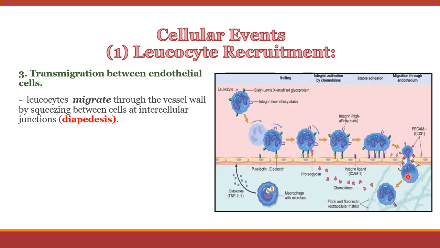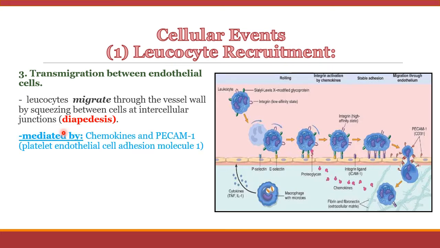This step is called diapedesis. So the migration of the leukocytes through the vessel wall by squeezing themselves between the endothelial cells is called diapedesis. So this is another term to remember. How is this mediated? It is going to be mediated again by some chemical mediators, some chemokines, and also another important factor which is called PECAM-1.